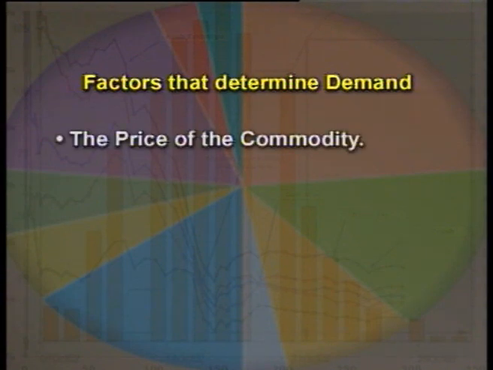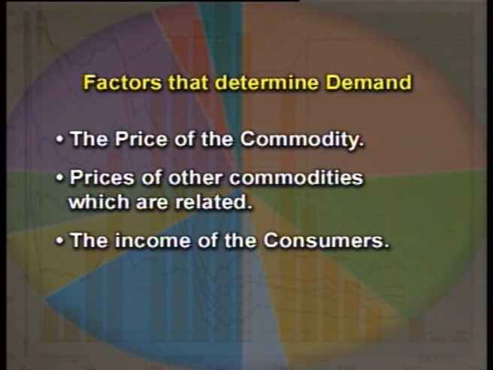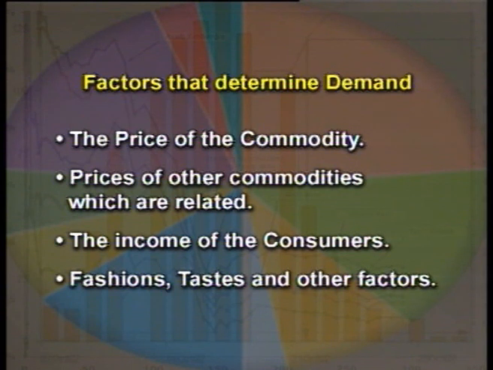For example, the price of the commodity determines demand, and the other factors are prices of other related commodities, the incomes of the consumers, fashions, tastes, and many other factors. It is assumed that all the other factors except price remain constant, they do not change, and whenever price changes, we are trying to see what is the quantity that will be purchased.